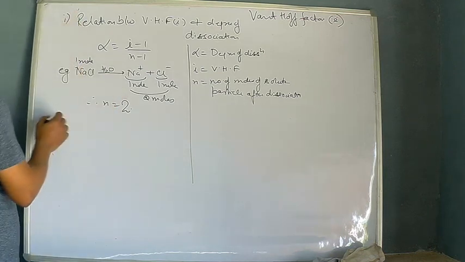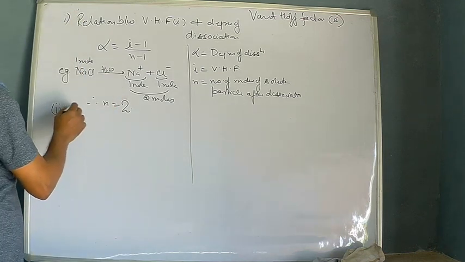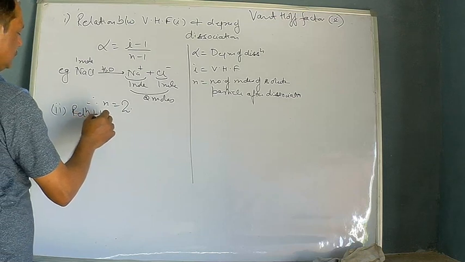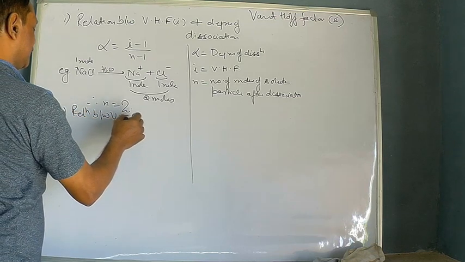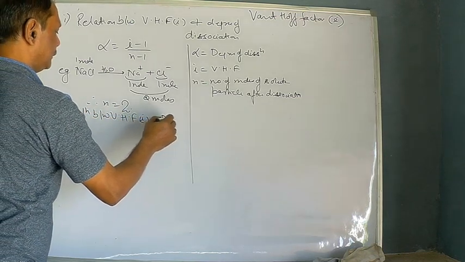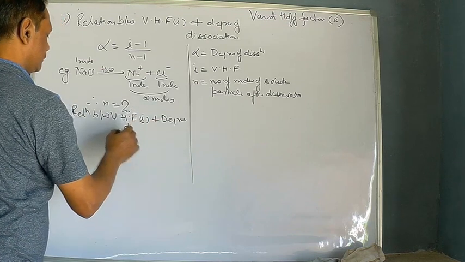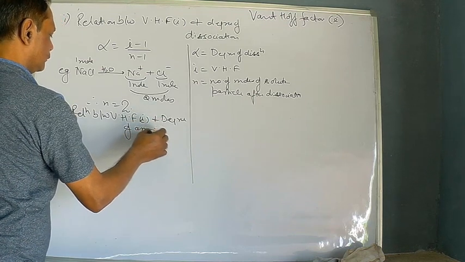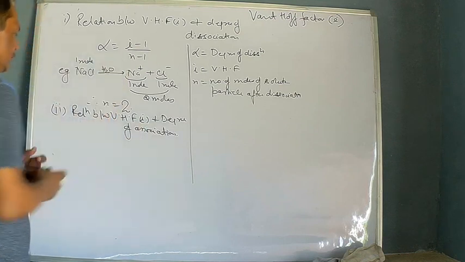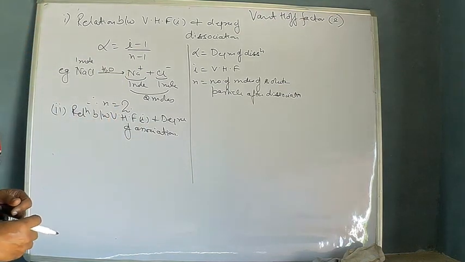This was your first. Second, relation between Van 't Hoff factor I and degree of association. Only 2 things happen. Either dissociation will happen or association will happen.